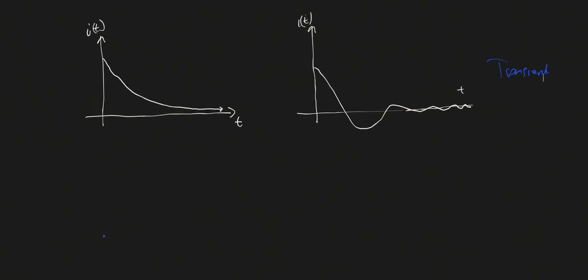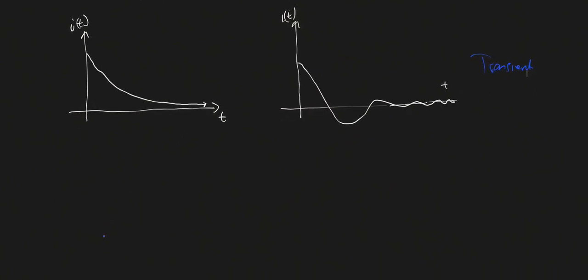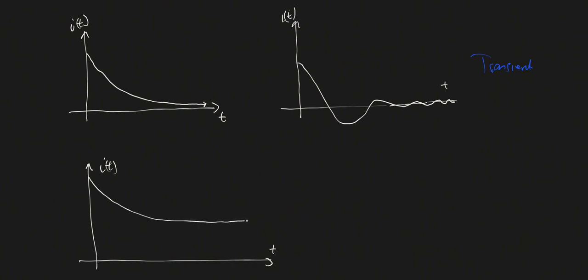All right. As far as the steady state, like this one, if we were to plot our function, what you would see if you were to plot your I of t with respect to t, you would see something like this, right? Where it would be approaching a constant, but a non-zero constant.